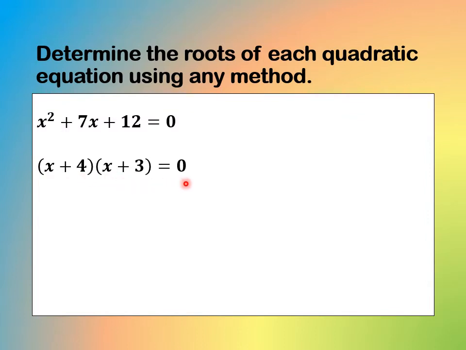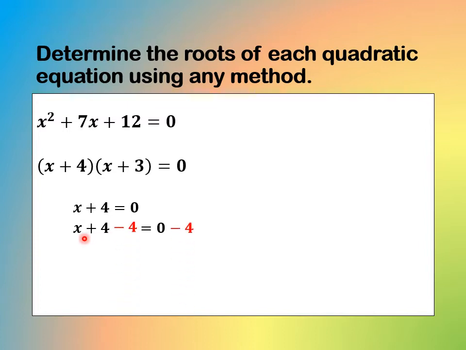to 0. Now, by using the zero product property, we need to equate each factor to 0. So, we have x plus 4 is equal to 0. Okay, doon muna tayo sa una. So, ano ba ang makakapagpa-0 kay 4 na nasa left side ng equation? Ang kailangan matira lang sa left side ng equation ay si x.